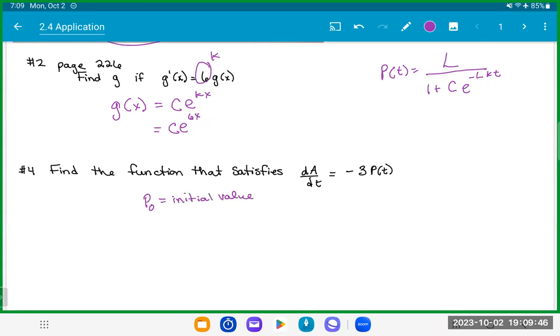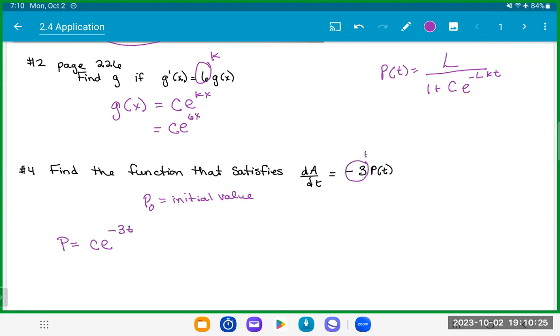So in this case, because we have a p, we're saying p is a population. But in a financial setting, p could be your principal or something to that effect. Okay. So don't get too tied to the p. It could be other letters as well. Okay. So for this one, though, we want to determine this. So my function, my population, is c e to the negative 3t, right?